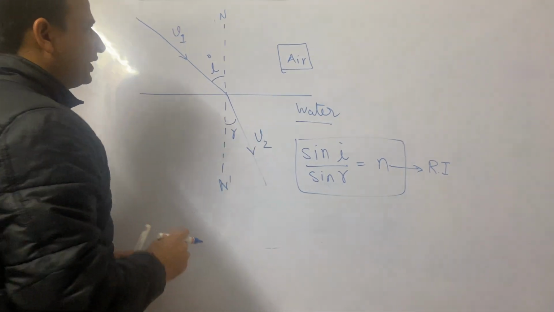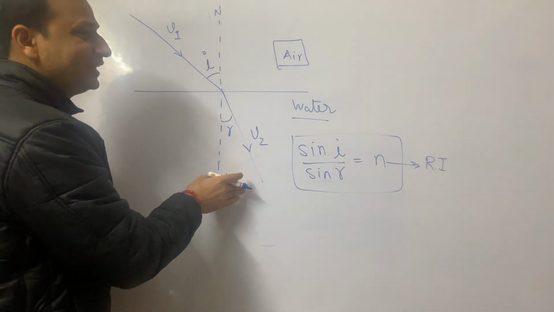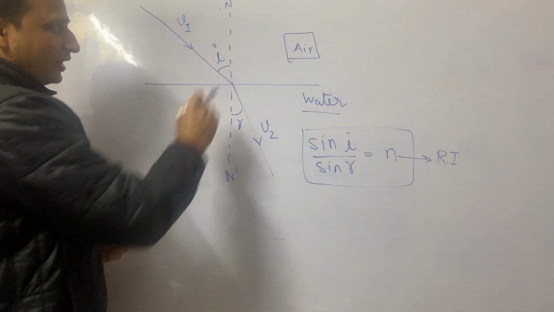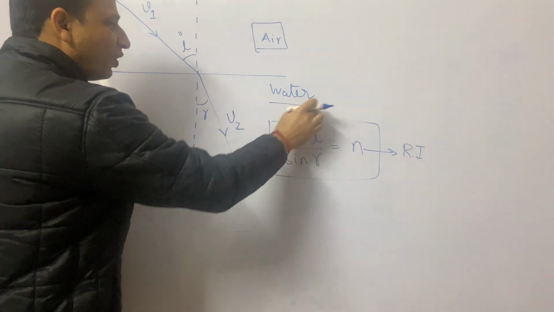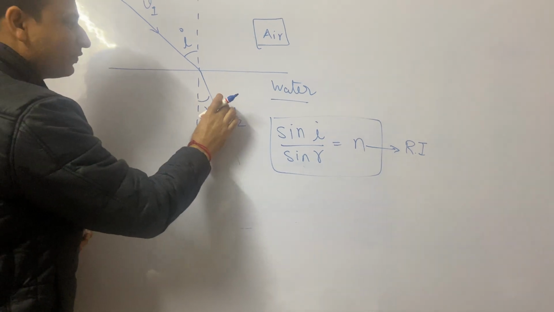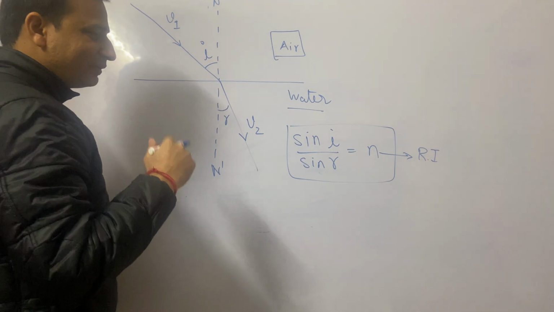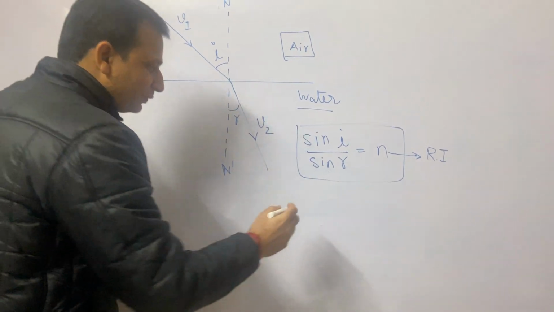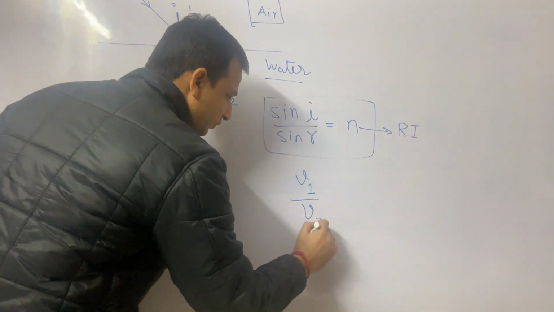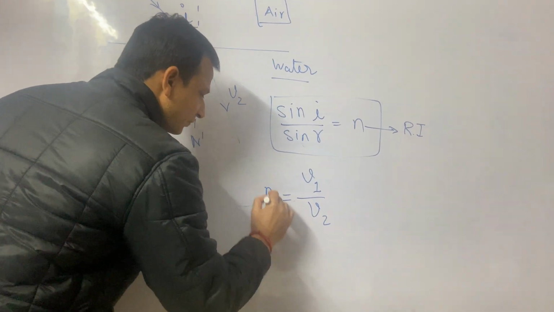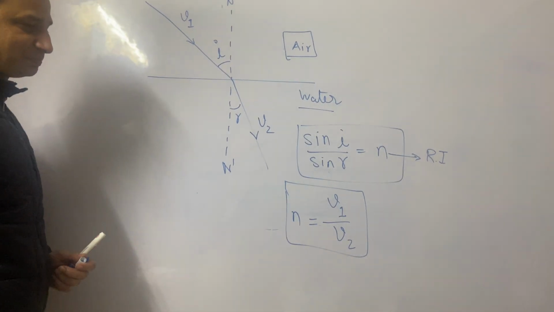The reason is when a ray of light enters from one medium to another medium, its speed changes. So as it's entering from air to water, water being optically denser, the speed of light will decrease in water. So when we take the value of v1 and v2 in the form of a ratio, we are going to get the refractive index of this second medium.